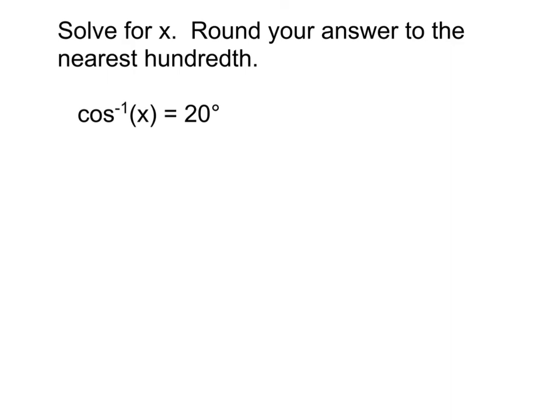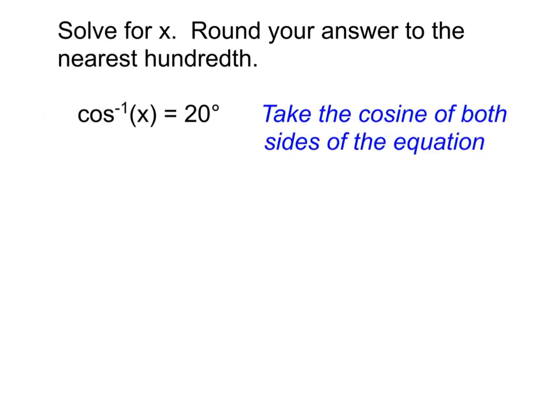Because I want to get the x by itself, which means somehow getting rid of inverse cosine. Well, inverse cosine, remember, is what we use to get rid of cosine. They are inverses of each other. And so if I want to get rid of inverse cosine, I can use cosine. Oh. So I'm going to take the cosine of both sides of the equation.